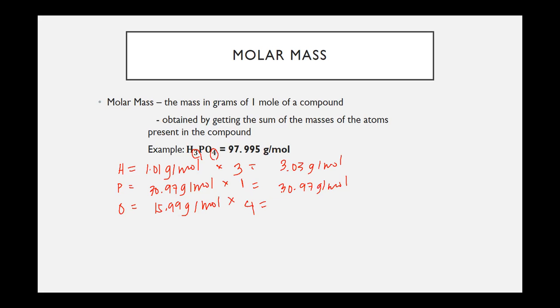And this one will be 63.96 grams per mole. Yung total natin, since sum of the mass, we will get 97.96 grams per mole, approximately.